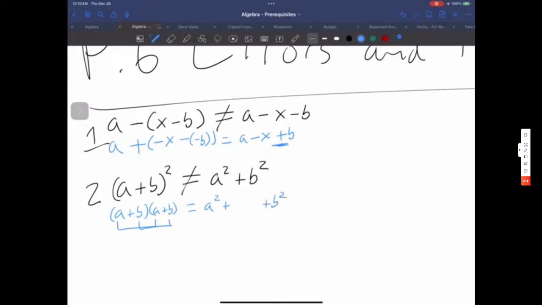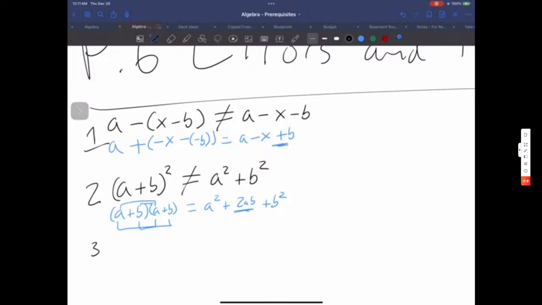But you also have an ab plus another ab. So you have plus 2ab. So always remember that there is a middle term that is not to be neglected, and you won't make that mistake.